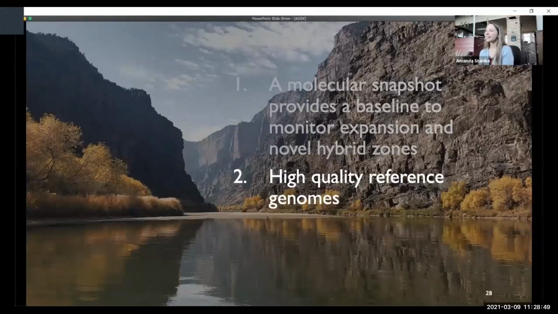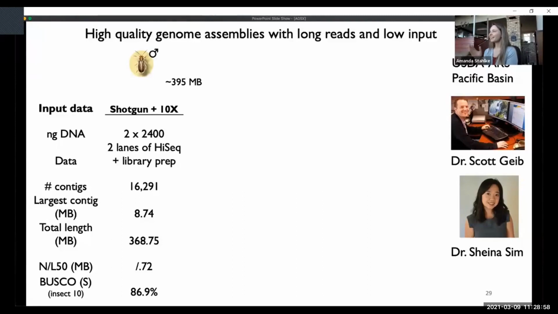And now I will share with you these beautiful high quality reference genomes. Okay, so I presented this reference genome back in 2019 at the Arthropod Genomics Symposium in Manhattan, Kansas. And I was so proud of it.